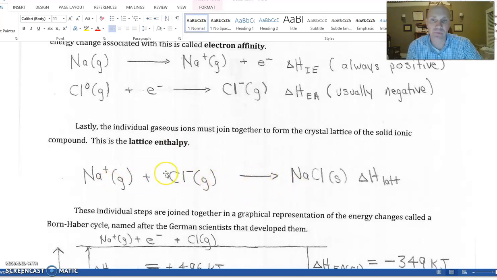The thing about lattice enthalpy is that we talk about this process happening in both directions. We could talk about the ions joining to become the salt. In that case, lattice enthalpy is the amount of energy that's released when that happens. But we could also talk about the reverse, taking sodium chloride and breaking the ions apart to give the individual gaseous ions, and in that case, your lattice enthalpy would be positive because that would require energy.